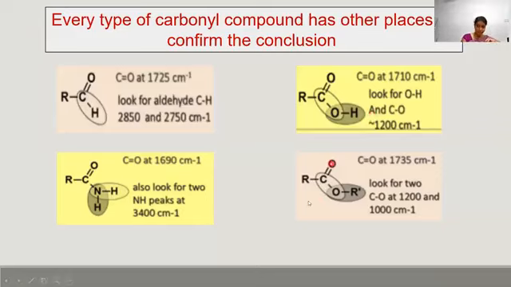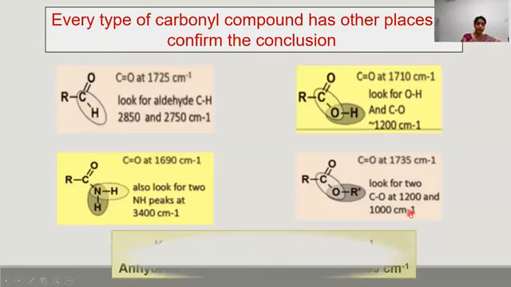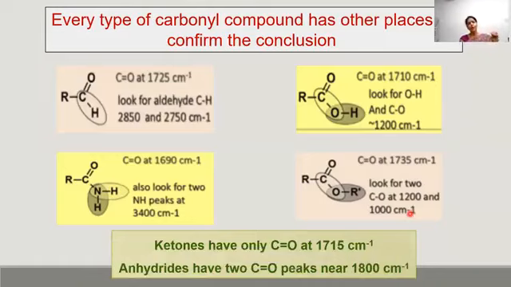One carbon is of the carbonyl group, that is sp2 hybridized, and another is the sp3 hybridized carbon of the alkyl group. So one CO stretching will be sp2 carbon CO and another will be sp3 carbon CO. These two bands are observed at 1200 and 1000 centimeter inverse. Other than this, a ketone has only one characteristic peak, that of C double bond O.